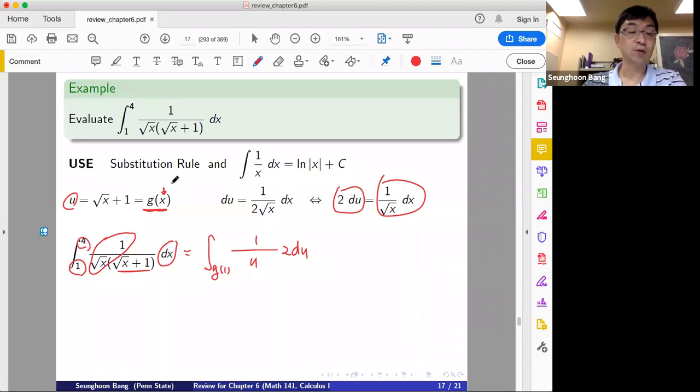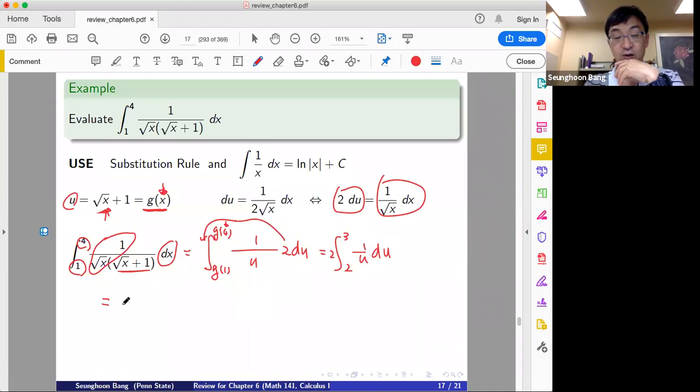You plug 4 into here, g of 4. So we have an integral. What's g of 1? You plug 1 into x, the square root of 1 plus 1 is only 2. You can plug 4 into x, the root 4 plus 1 is 2 plus 1. We have 3. So we take out 2. So here, 1 over u du.